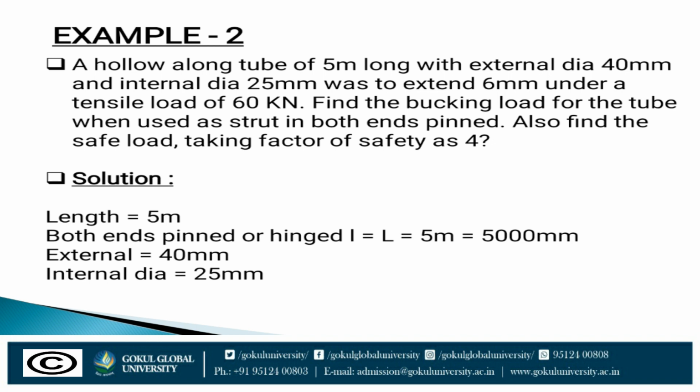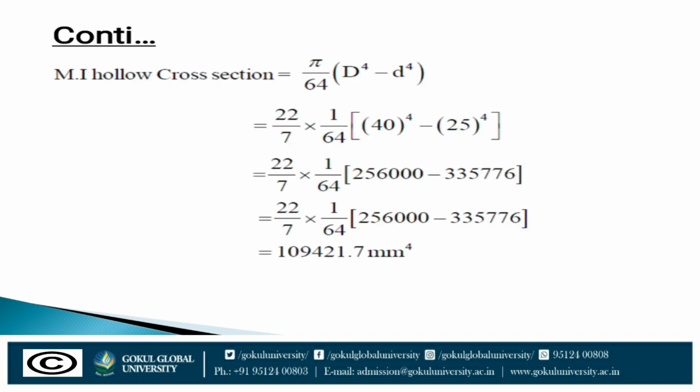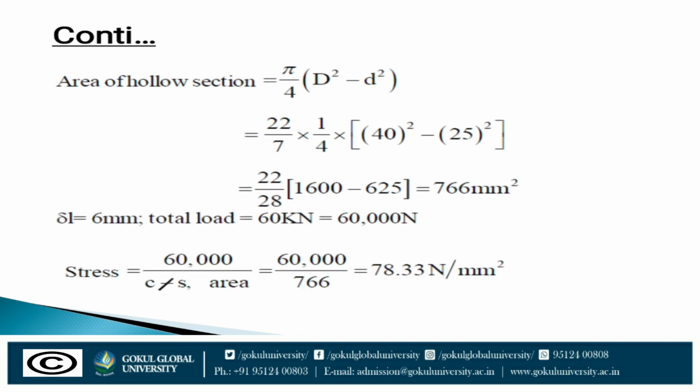External diameter is 40, internal diameter is 25. So it is a hollow circular section. For moment of inertia of hollow circular section, we have the equation pi by 64 multiplied with external diameter raised to 4 minus internal diameter raised to 4. After calculating the value, we go to identify the area.